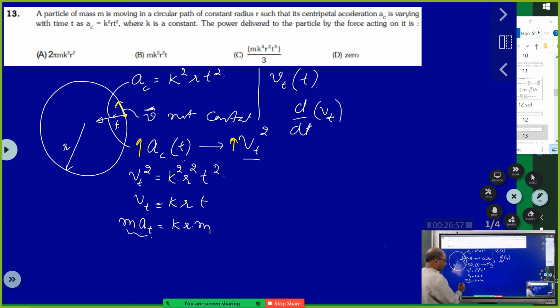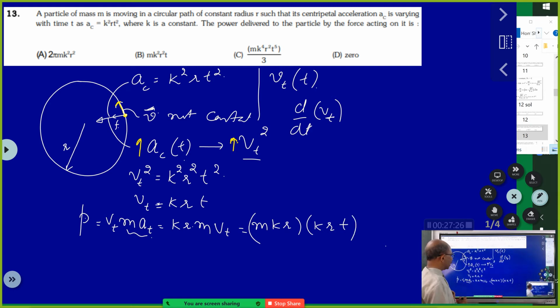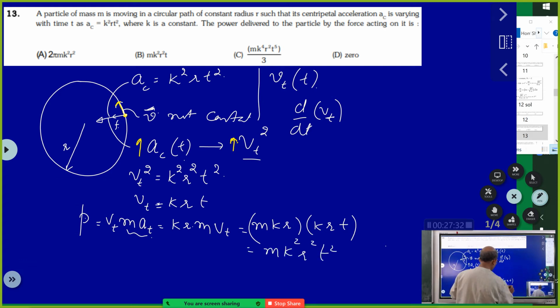Then multiply both sides by the tangential velocity, so this becomes the power. So here you have m k r, and Vt is kRt. Multiply this, so m k square r square t. This is the power delivered to the machine.